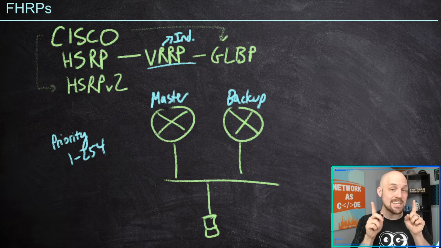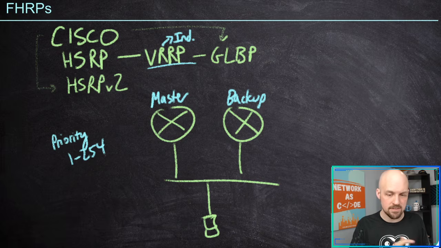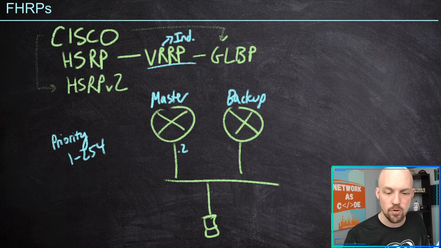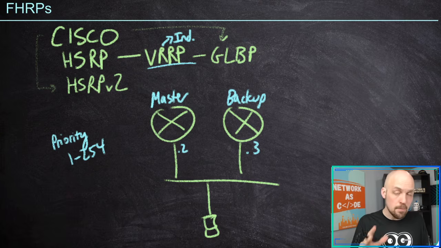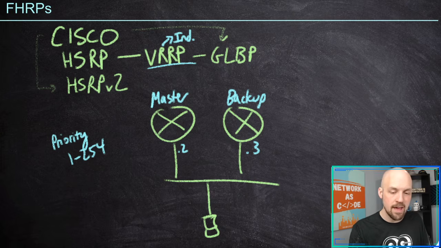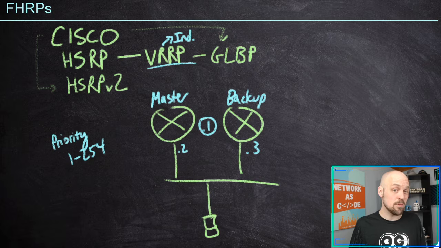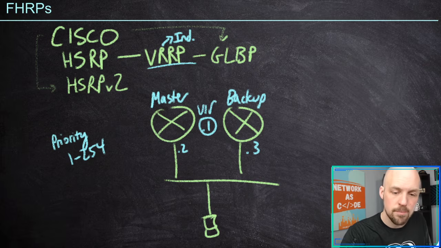But there is one compelling reason why you might want to go with VRRP over HSRP, and it is this. When we talk about virtual IP addresses, let's say we're .2 here on the master, .3 here on the backup. With Cisco HSRP, we have to have a third number, so .1. And indeed, with VRRP, we can also do .1 as the virtual IP address.